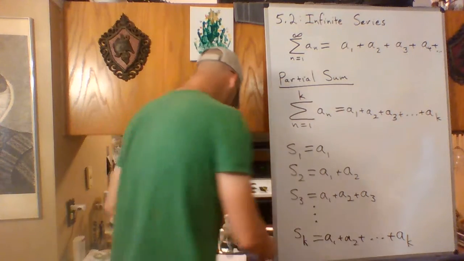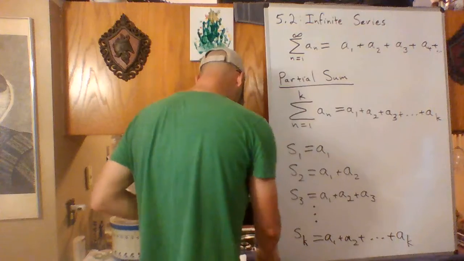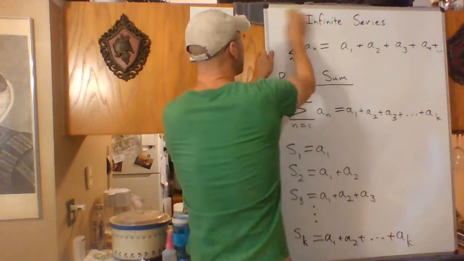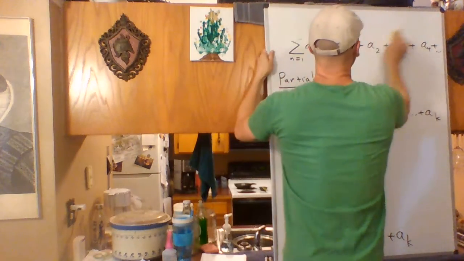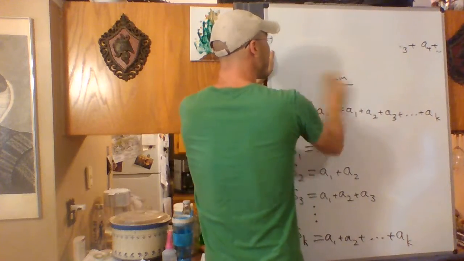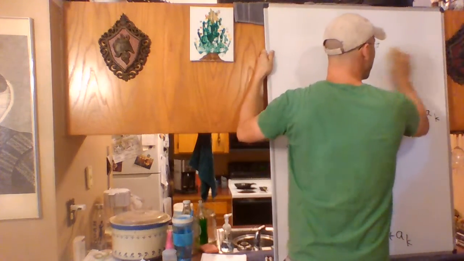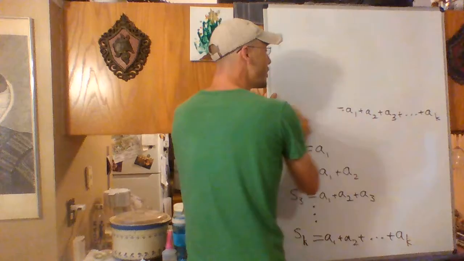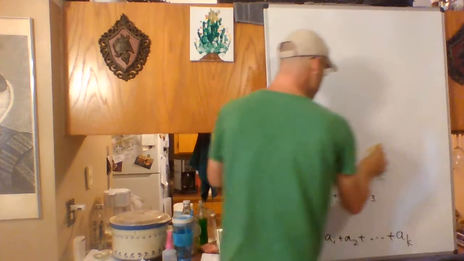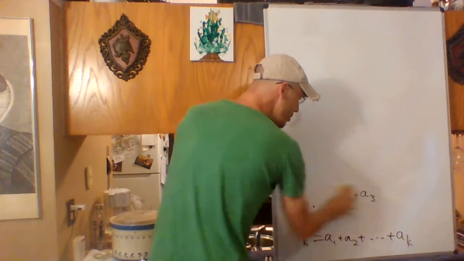And that's really the important character here, the kth partial sum. We're going to use that idea to find a way to define a sum of an infinite sequence. An infinite series is the sum of a sequence, all infinitely many values.